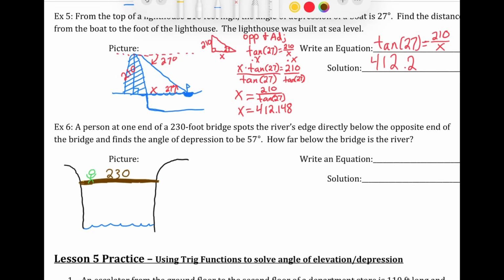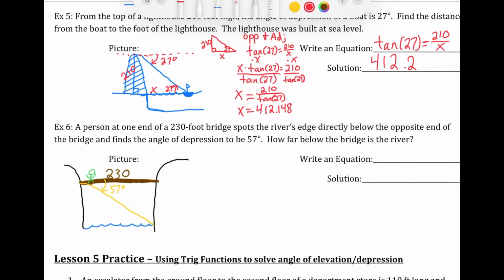So we're talking from the person, across the bridge and down. Finds that the angle of depression, so from the top line to the transversal, is 57 degrees. How far below the bridge is the river?